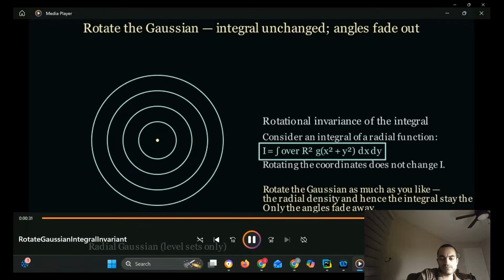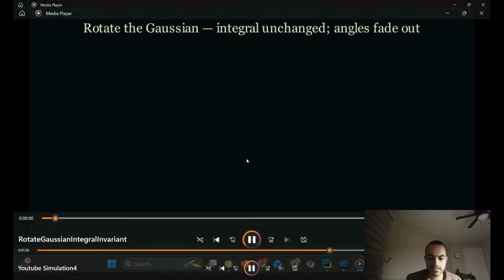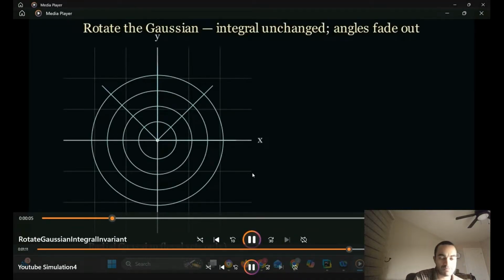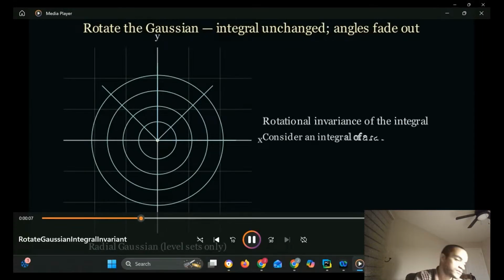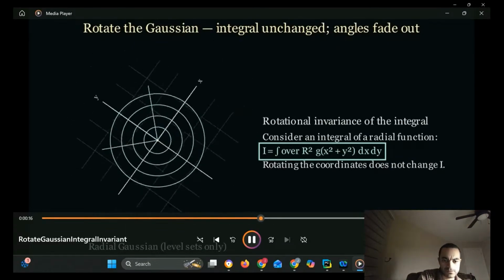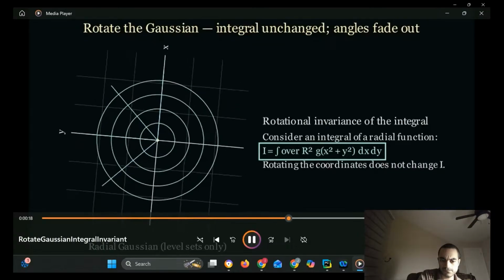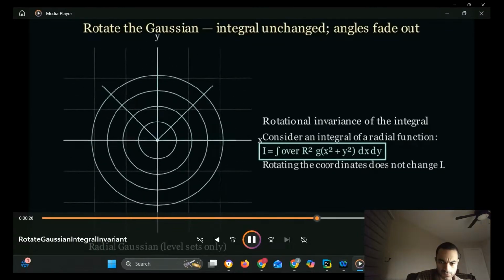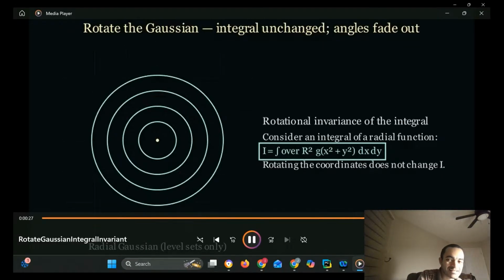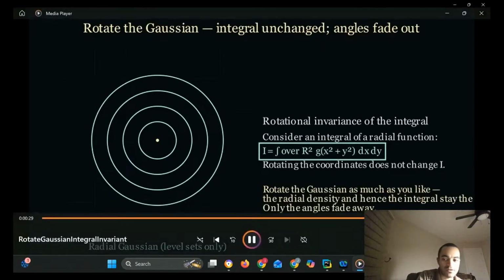If I keep rotating my coordinate system, regardless of how I rotate it, counterclockwise, clockwise, vertical, diagonal, it doesn't matter how I rotate this Gaussian. Regardless of how I rotate the Gaussian, this integral is something called rotational invariant.